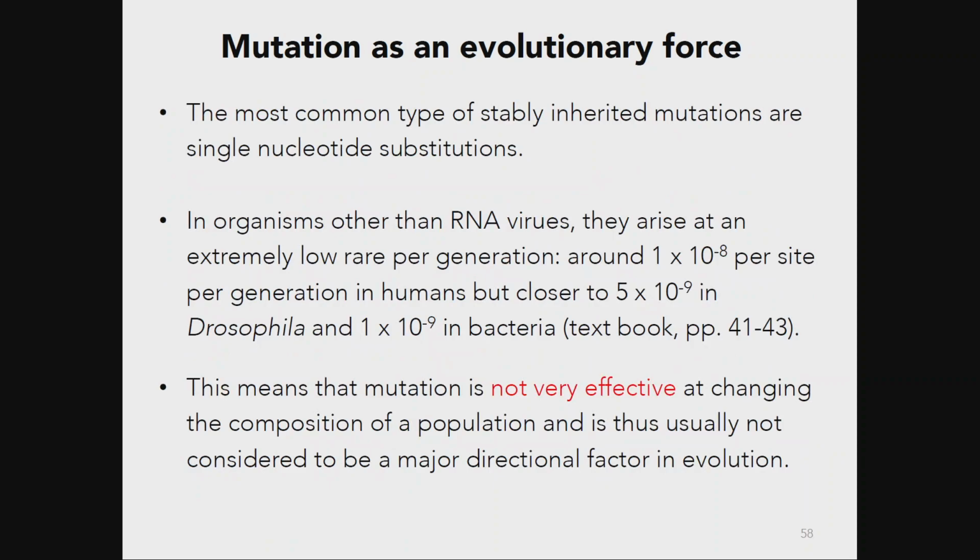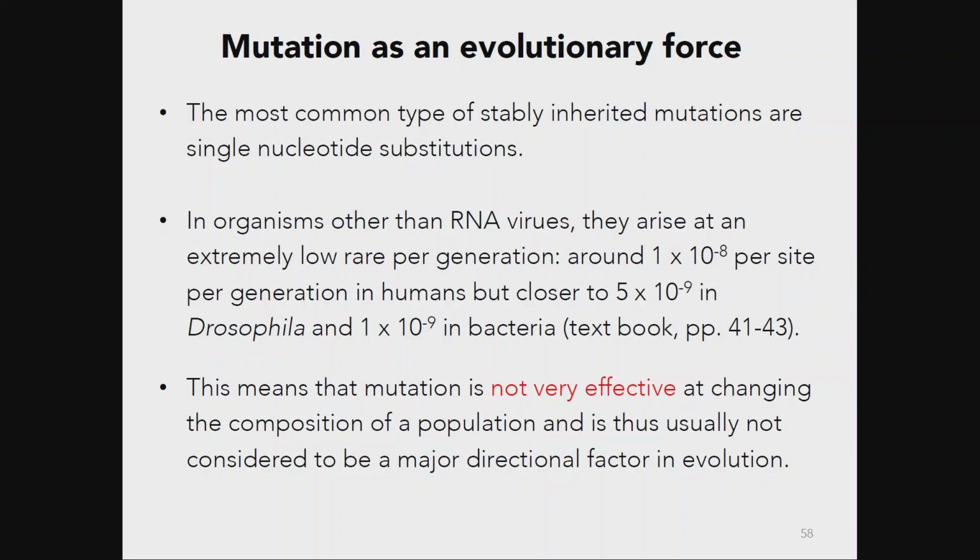As we've discussed, mutation rates can be a little bit different in different organisms. In some RNA viruses, they can be quite high. In humans, they're on the order of 10 to the minus 8, 10 to the minus 9 in Drosophila and in some bacteria. What this probably means is that mutation is not going to be very effective in changing the composition of a population.